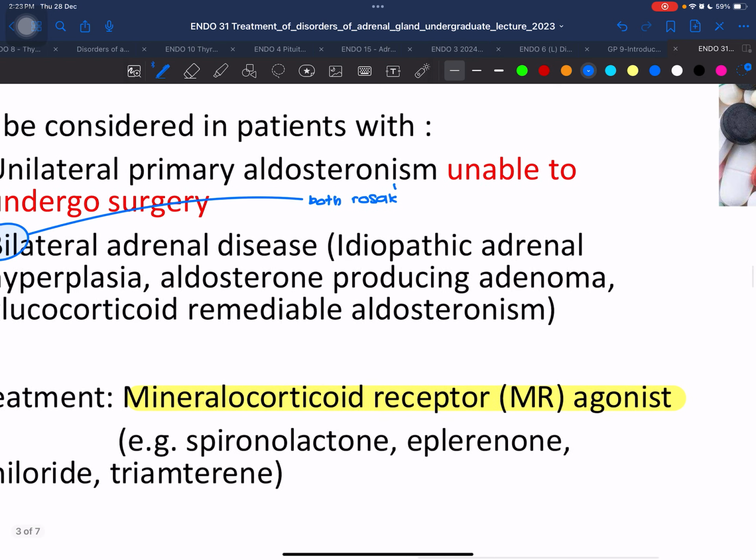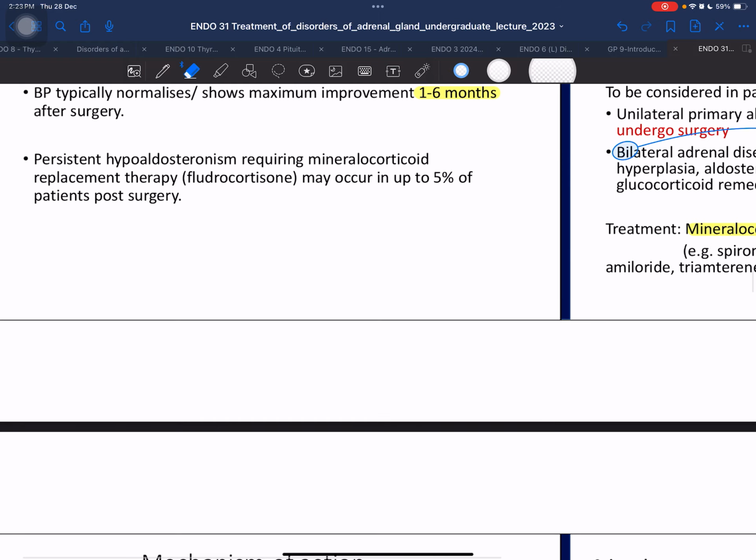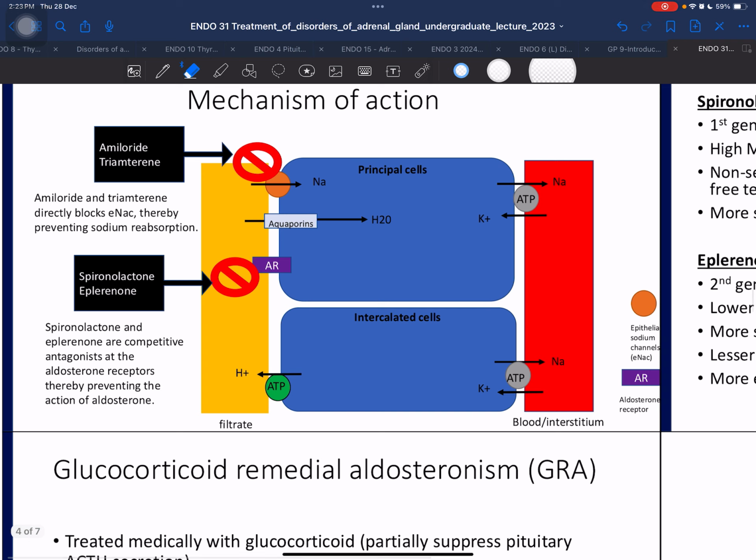So I'll show you the mechanism of action here. I don't have my pointer, it's out of battery, but the orange circle there is the epithelial sodium channels. You have your aquaporins, and also your aldosterone receptor. This is towards the distal convoluted tubules, down to the collecting tubules of the kidney.